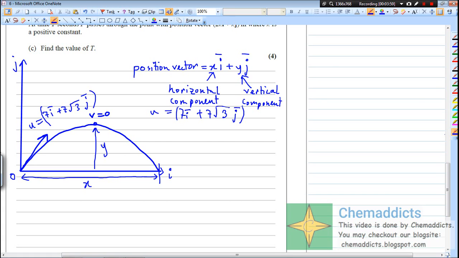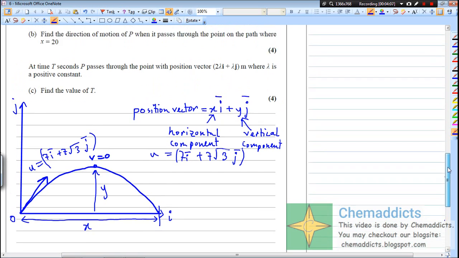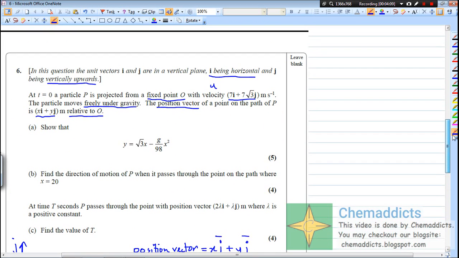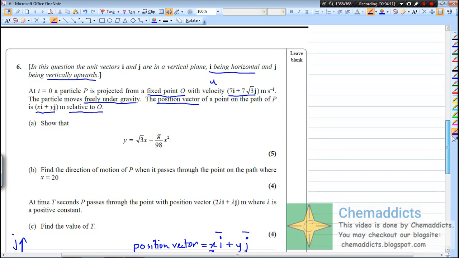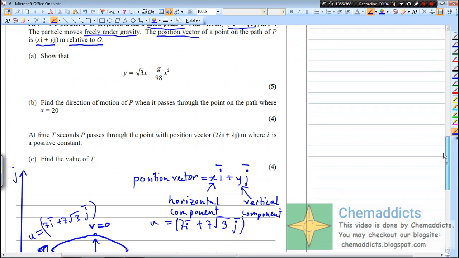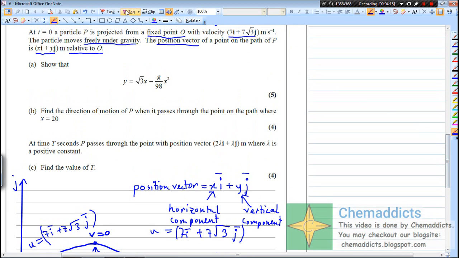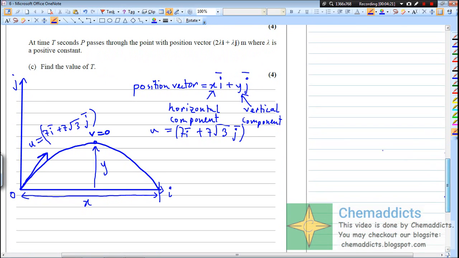So the vertical distance would be y, since the position vector is xi plus yj according to the question. If we look, we find that the position vector is this.